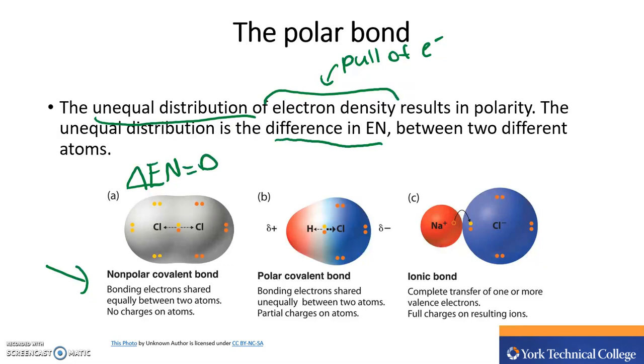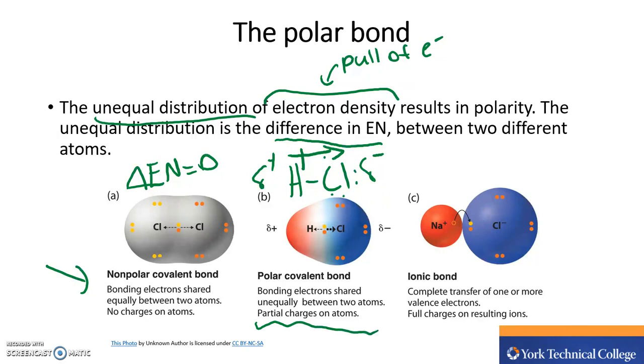So it's a nonpolar covalent bond, compared to hydrochloric acid, HCl, which has chlorine, which is more electronegative than hydrogen, so it pulls the electron density away from hydrogen, and thus chlorine becomes partially negative, and the hydrogen becomes partially positive charged. So it's the unequal sharing of electrons between atoms.